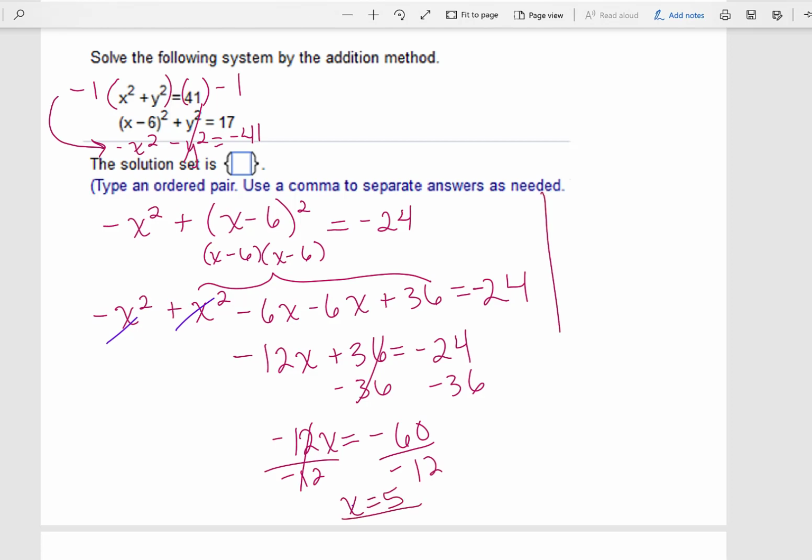But remember, that's only part of our answer, right? Now we have to plug it in. So 5 squared, I'm plugging into that first equation to solve for y. I get 25 plus y squared equals 41. Subtract 25 from both sides.